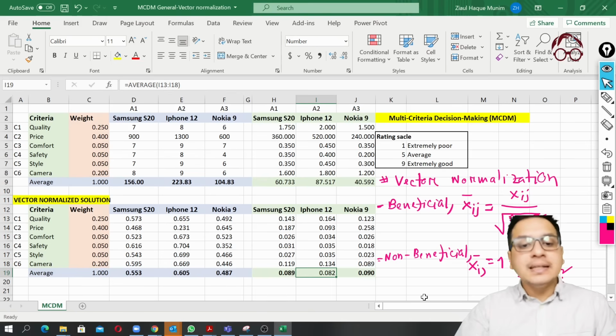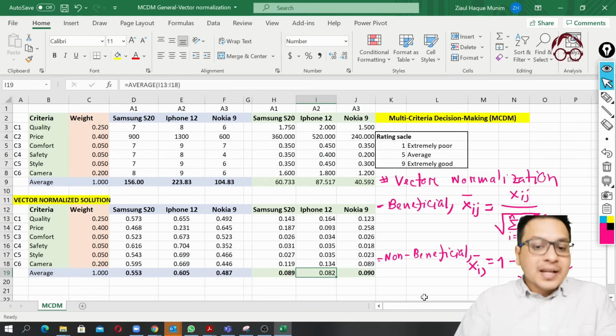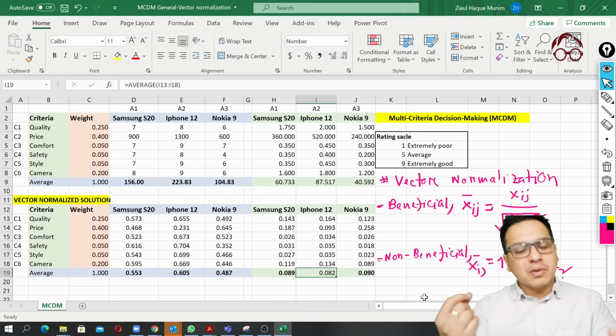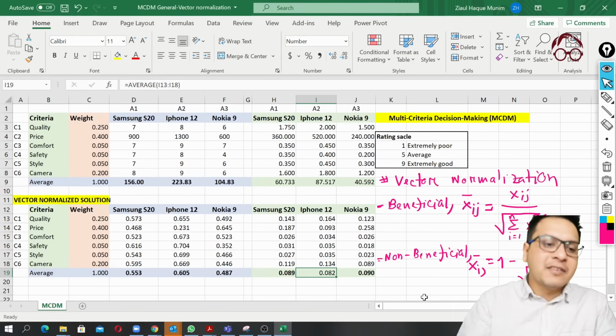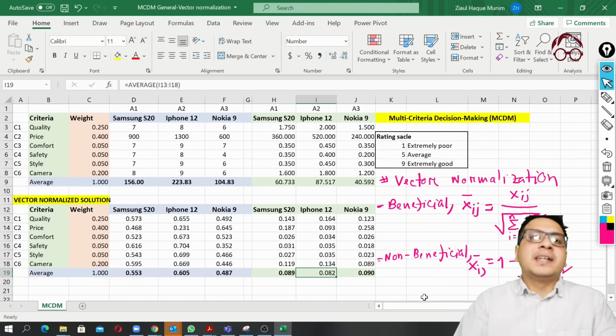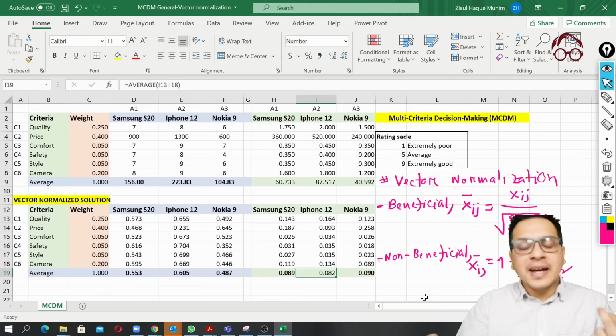On the other hand, in the linear normalization, Samsung was the first choice, and just with little bit difference, Nokia was the second choice. And in the vector normalization, Nokia becomes the first choice, and with very small deviation, the Samsung is the second best choice.